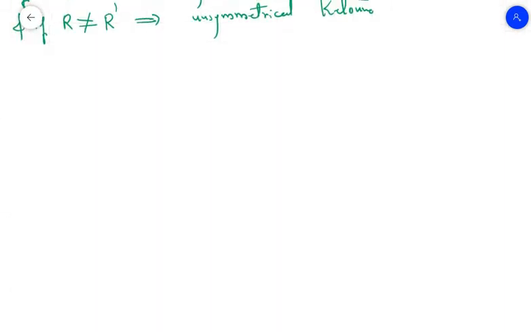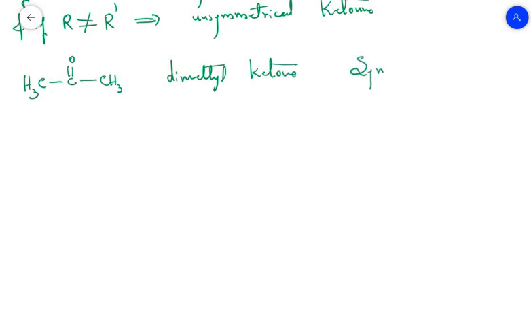Let us have some examples. The name of this compound is dimethyl ketone. It is called symmetrical just because we have two alkyl groups which are similar.